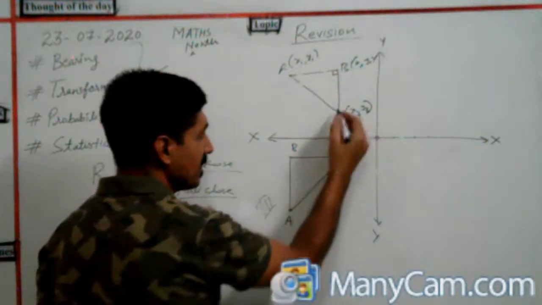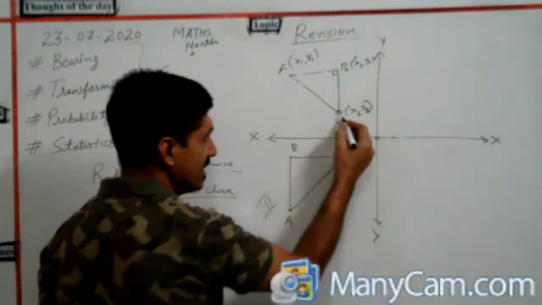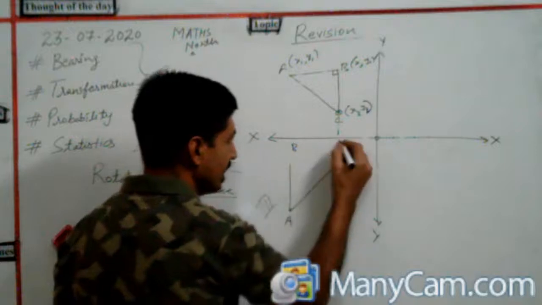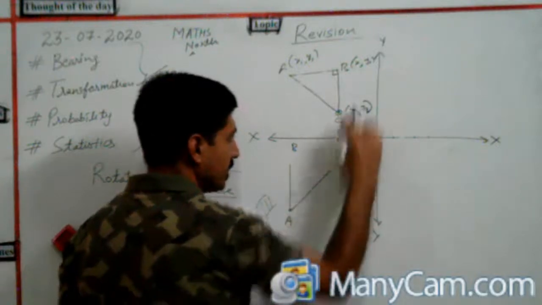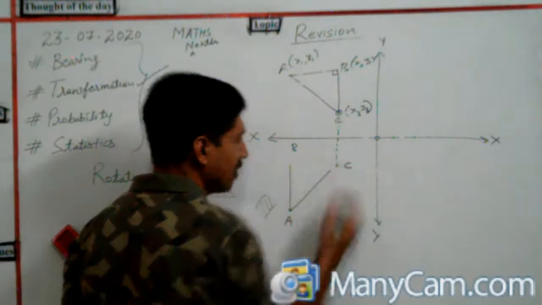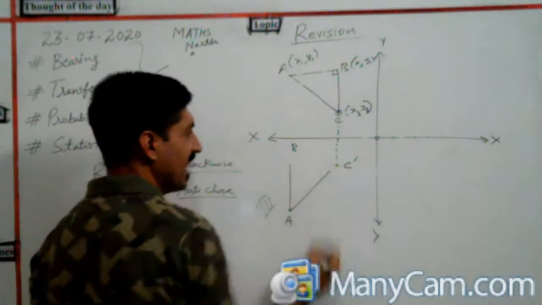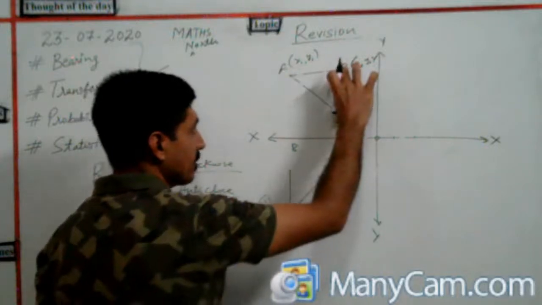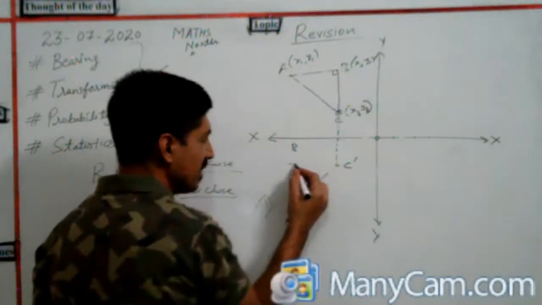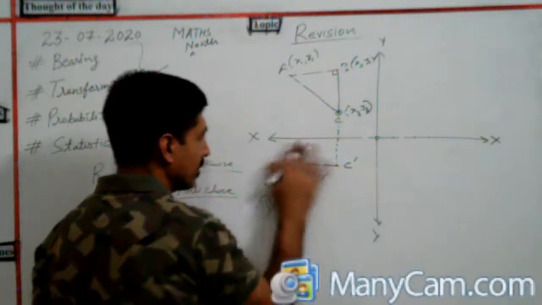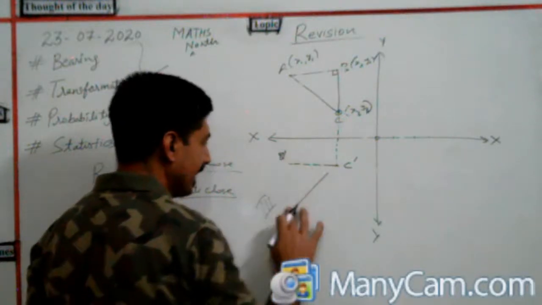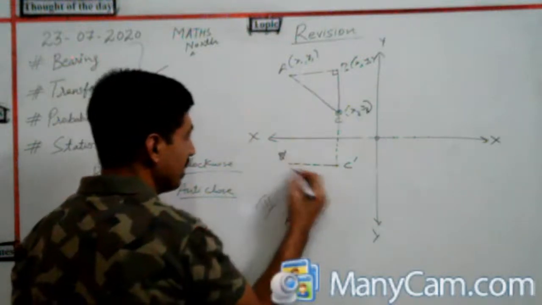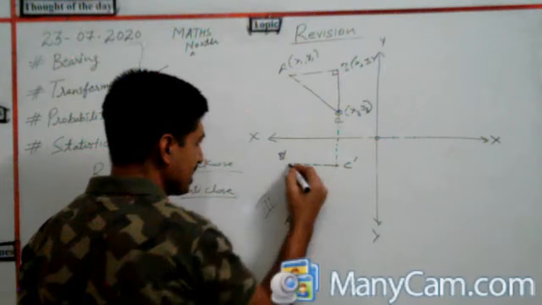And the C coordinates, they will remain same. This distance and this distance, these two distances will remain same. This will be C dash. Similarly, the distance BC, this distance and this distance will remain the same. This is B dash, and here we have the distance AC, and this is AC and AB.